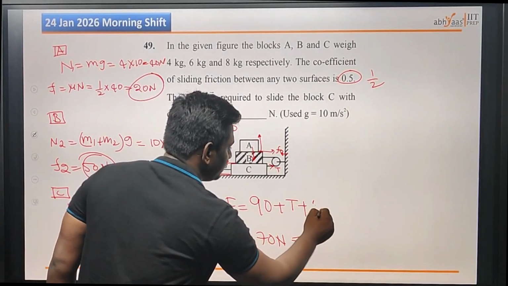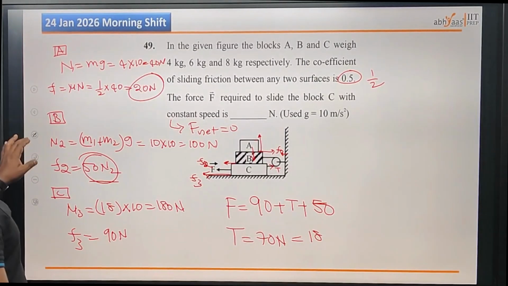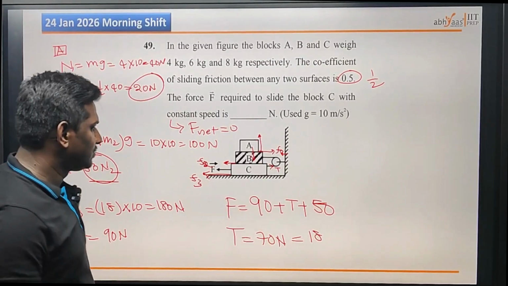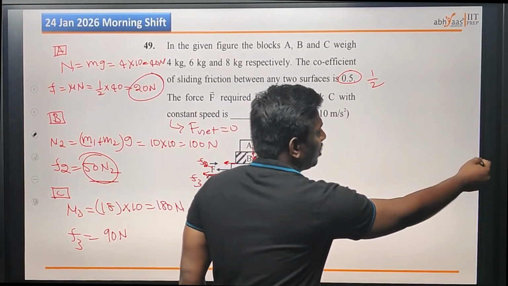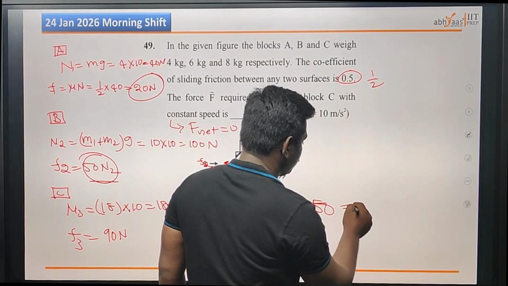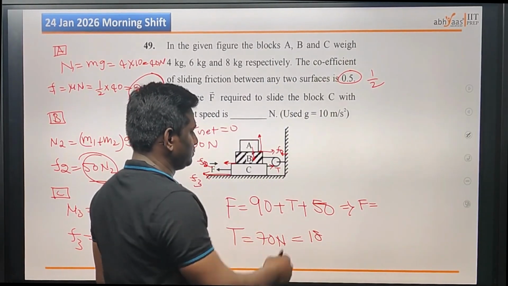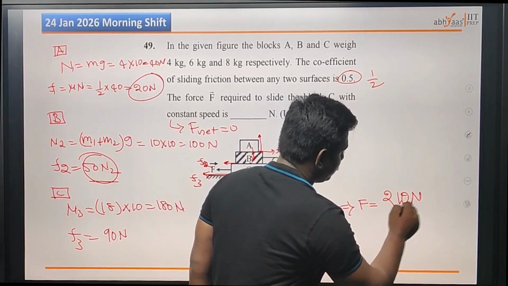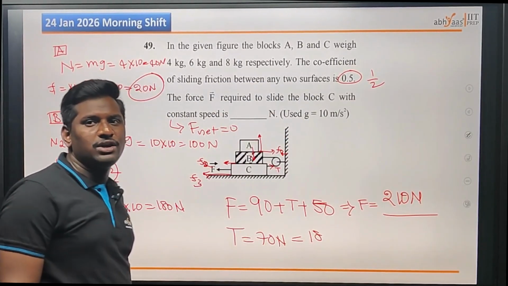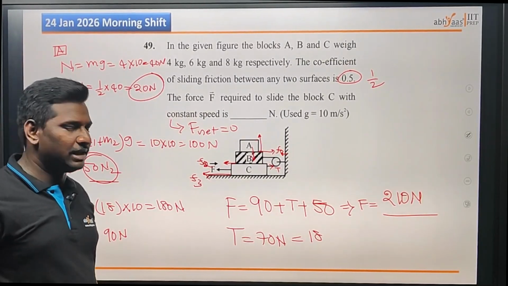That is 50. So what is the minimum force required to slide that block C? From here you have to write, F can be written as 70, 50, 210 Newtons. You are having 210 Newtons to slide that block C.